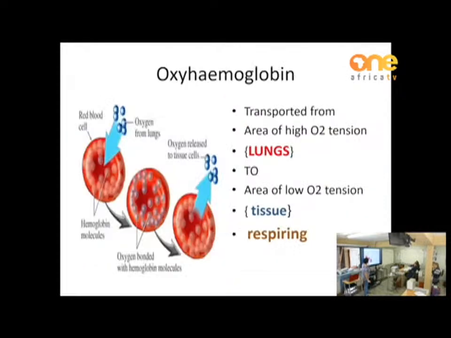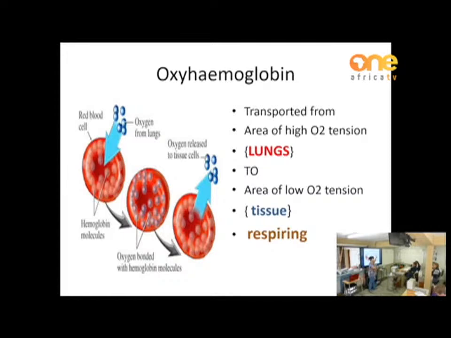So we understand that. Now, when we look at the oxyhemoglobin combination, we want to understand that oxygen is transported from an area of high oxygen tension or pressure, and that is in the lungs. We do understand that.